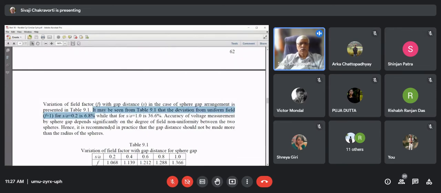If S by A is 0.2, then this field factor is 6.8%. If S by A is 1, it is 36.6%. And we know that if the field factor is 0 or close to 0, the field is uniform. And if it is very high, field is highly non-uniform. Now, in the sphere gap arrangement, the accuracy of measurement depends very much on this uniformity.